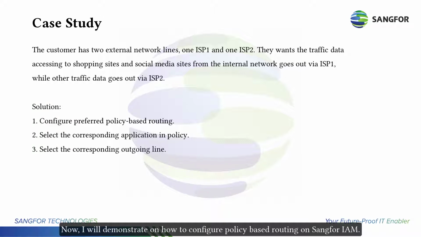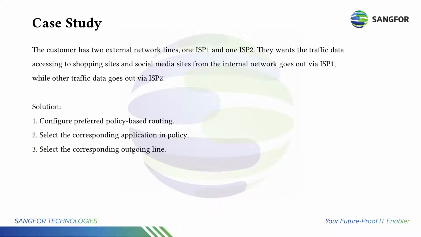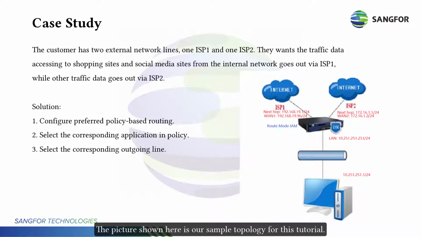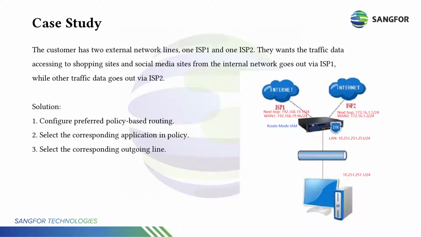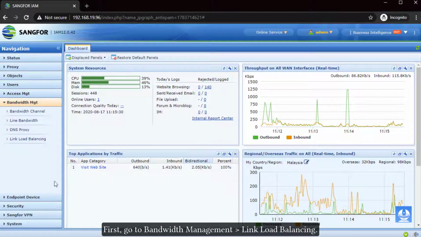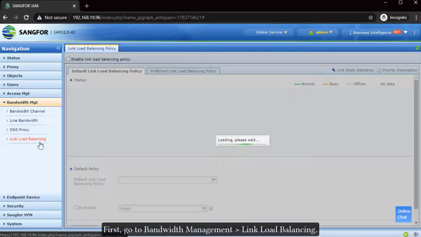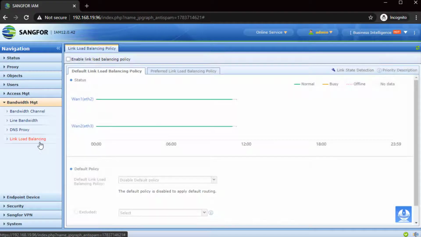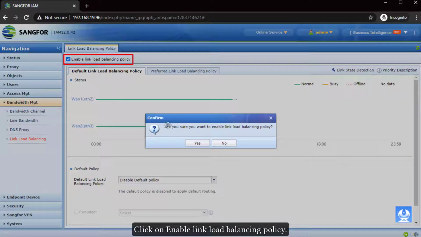Now, I will demonstrate how to configure policy-based routing on Sangfor IAM. The picture shown here is our sample topology for this tutorial. First, go to Bandwidth Management, Link Load Balancing. Click on Enable Link Load Balancing Policy.